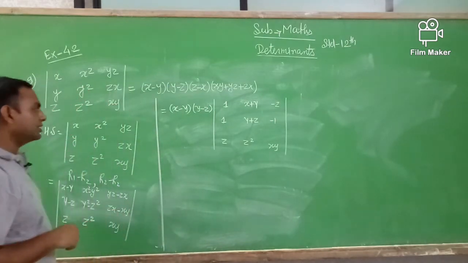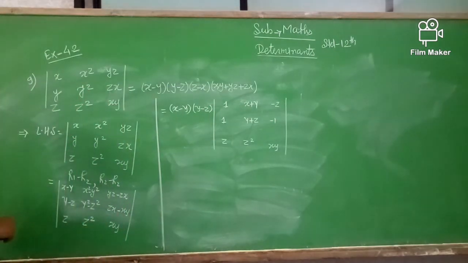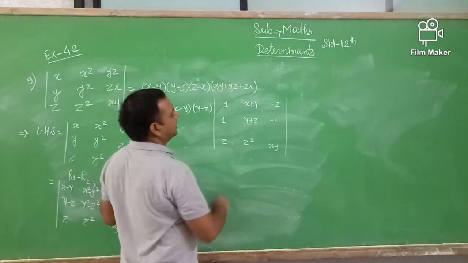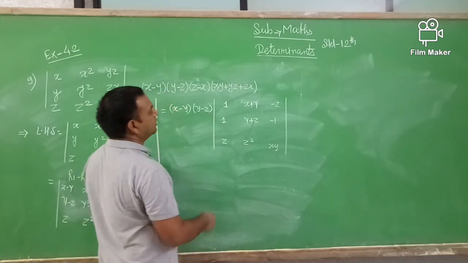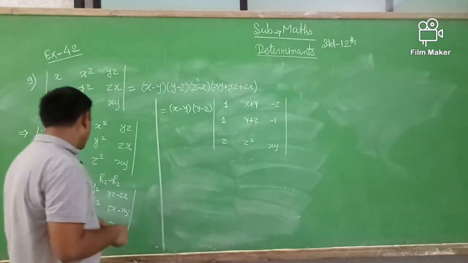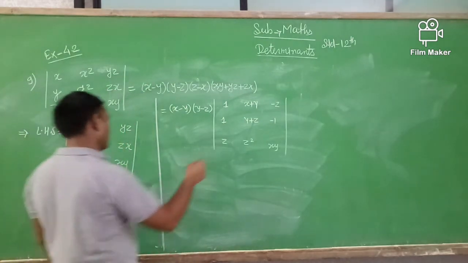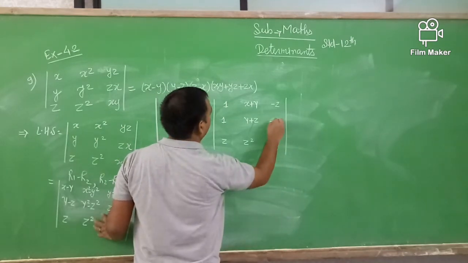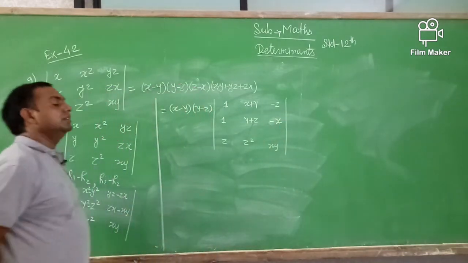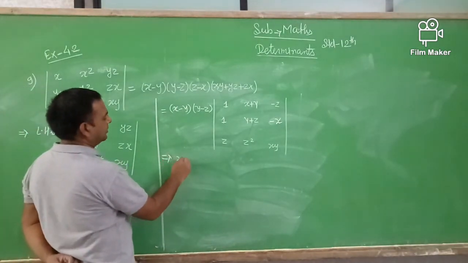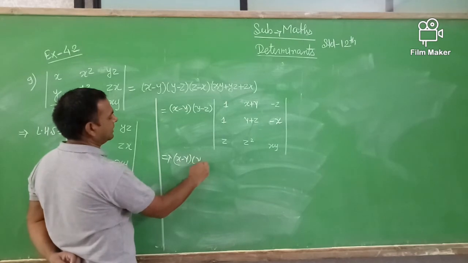Here is x minus y and y minus z. Then another is z minus x. So here is the element 1 1. Here z is common, here also common, that is x minus x. Again you take r1 minus r2, x minus y and y minus z.